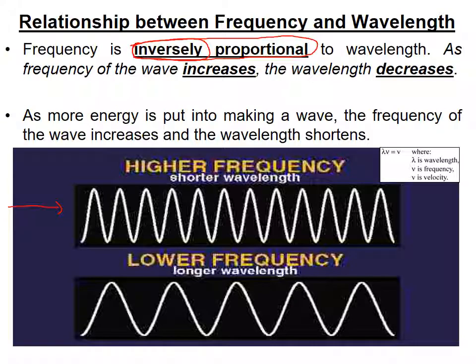So if frequency is inversely proportional to wavelength, what that actually translates to in plain English is that the higher the frequency will mean a smaller wavelength because they're inversely proportional to each other.